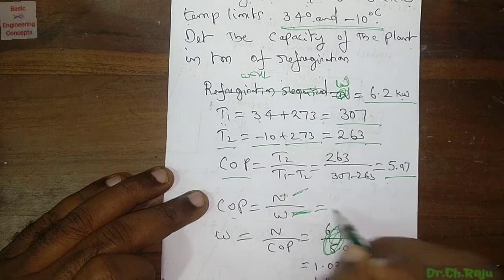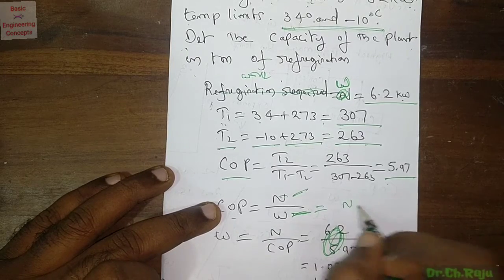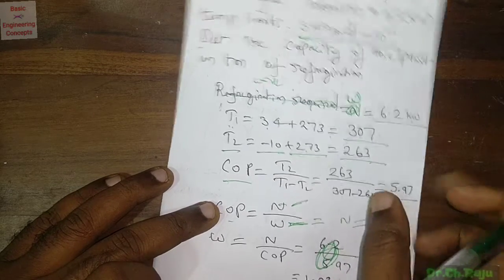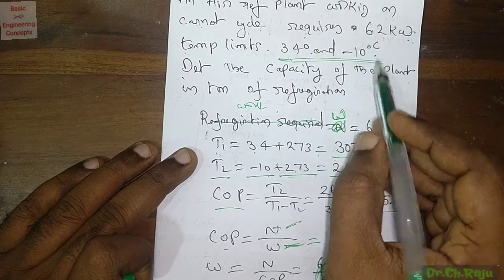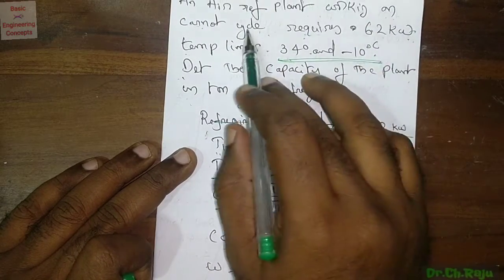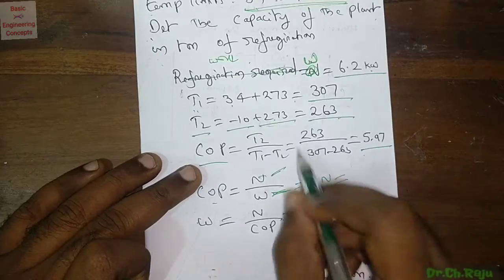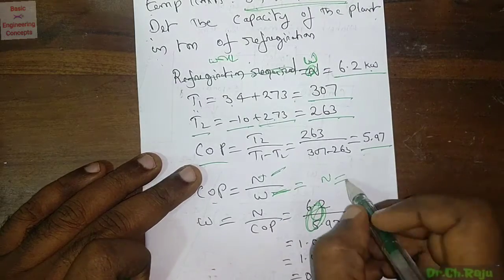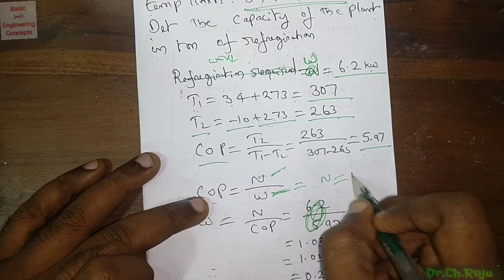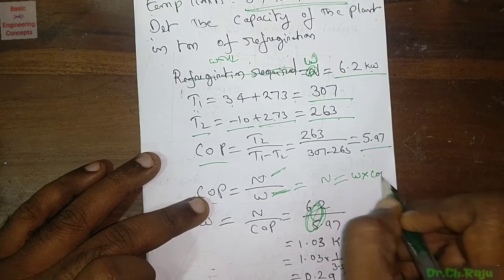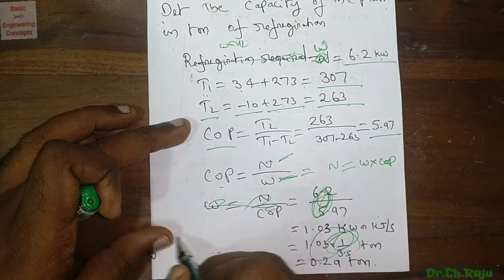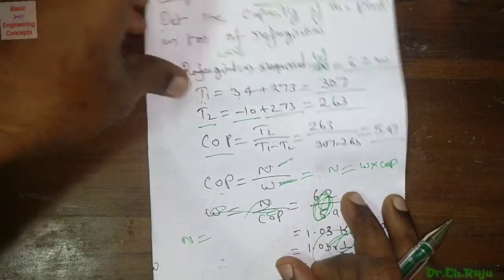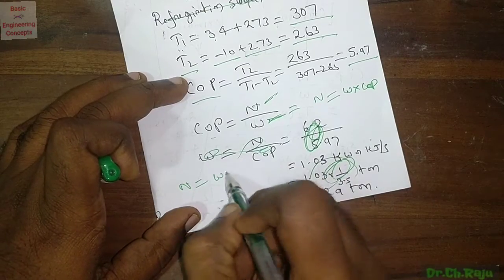The problem is a little bit incorrect. The refrigerating capacity the plant can produce is N equal to W into COP.